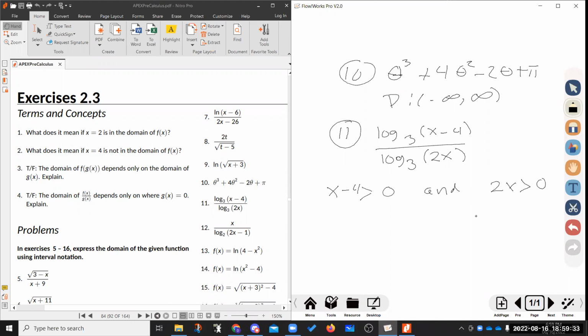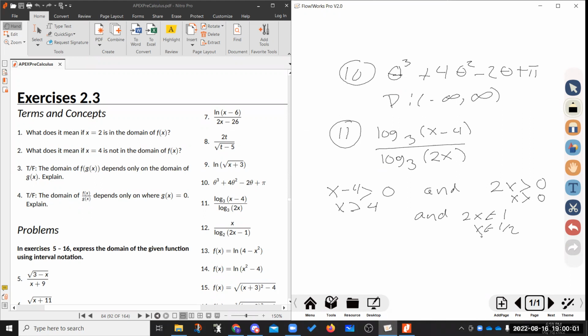And 2x cannot be equal to 1. Okay, so log base 3 of 1 is going to be 0 down here. I can't do that. So x is not going to be allowed to be 1/2. X has to be greater than 0. X has to be greater than 4.